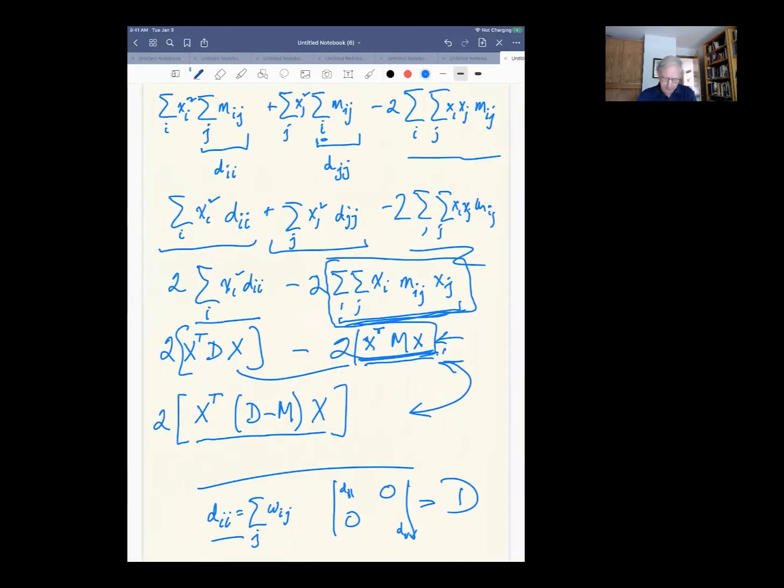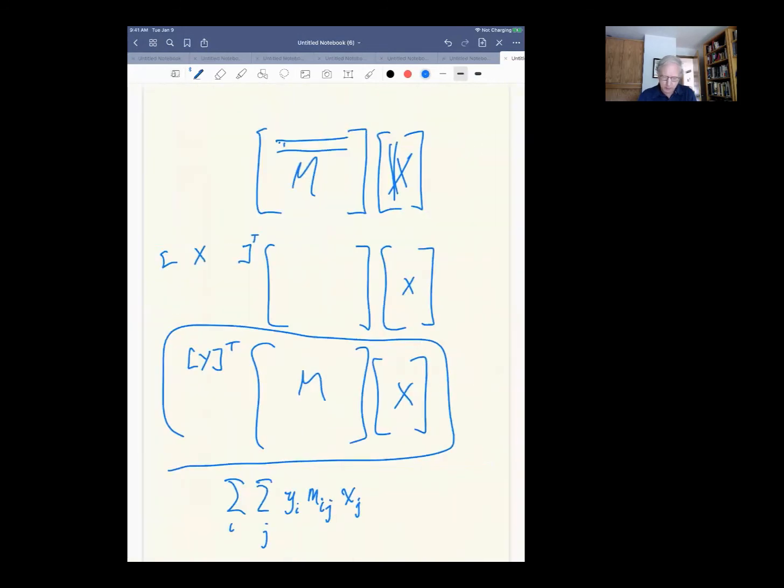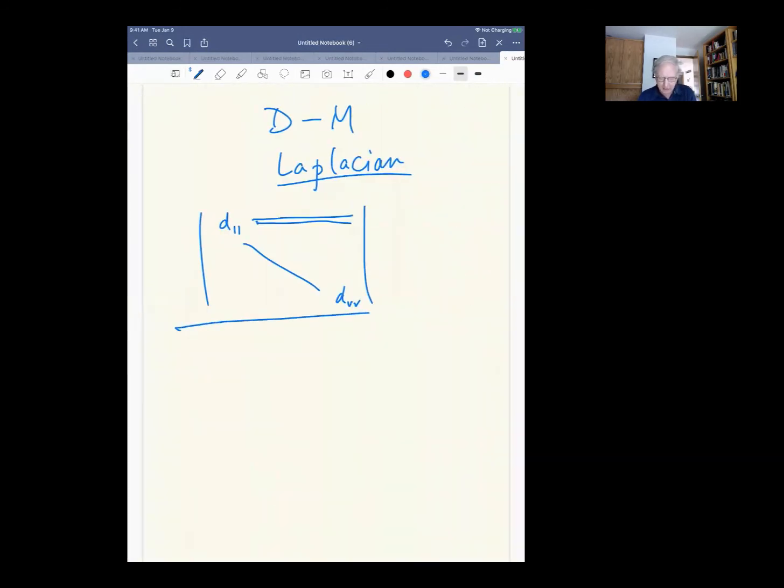Okay, so having done that, we actually have an answer to our question. Well, what was the question, you might say? The question was, how do we find a vector x that minimizes, remember, I defined it before as that sum over i j of x i minus x j, M i j. But what that turned out to be is, hey, what we want to do is find a vector such that if you multiply x transpose times D minus M times x, this will be a minimum.